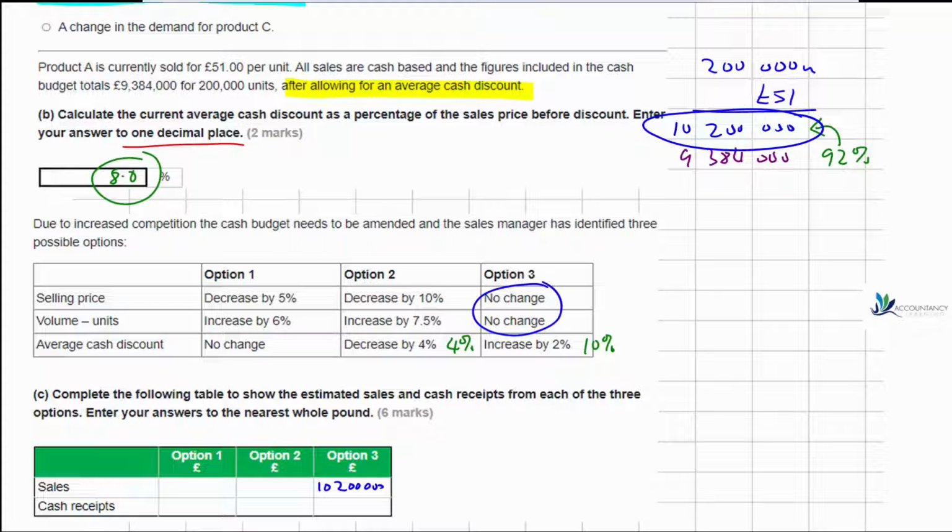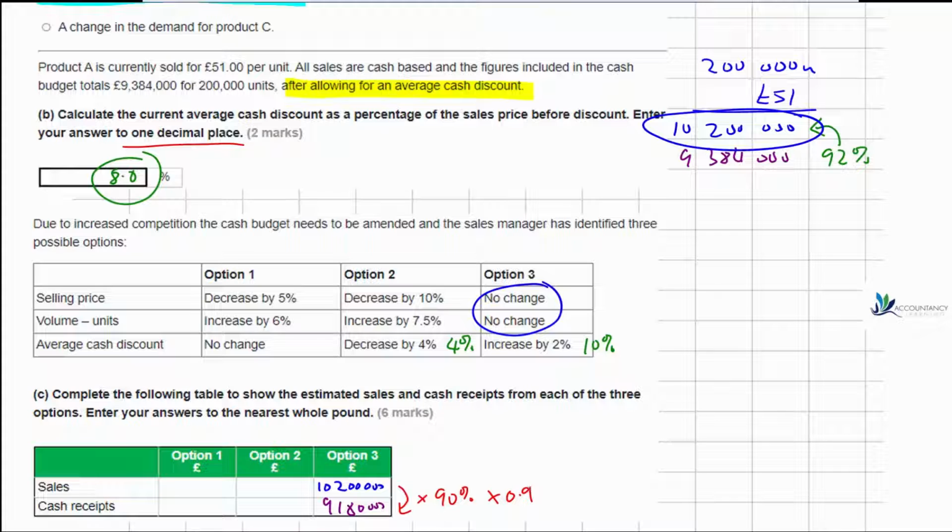So if we take 10% off that sales price, then that means we would be expecting cash of 9,180,000. Okay, let's clarify how we did that. So we want to reduce that by 10%, so we're multiplying by 90%, or in your calculator you could be multiplying by 0.9. Okay, so there's option 3 done, where we have the least change.